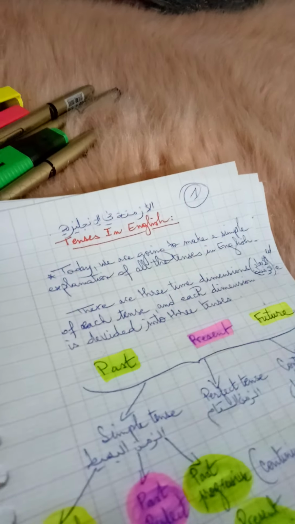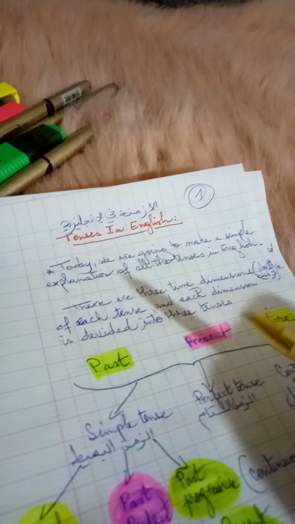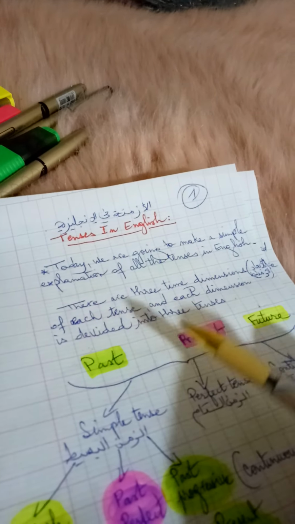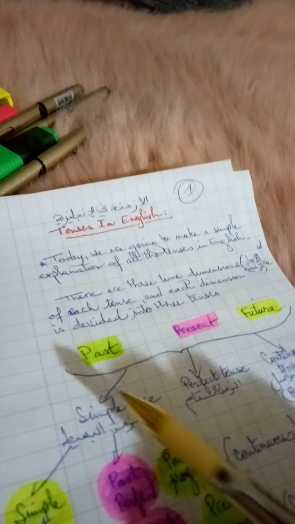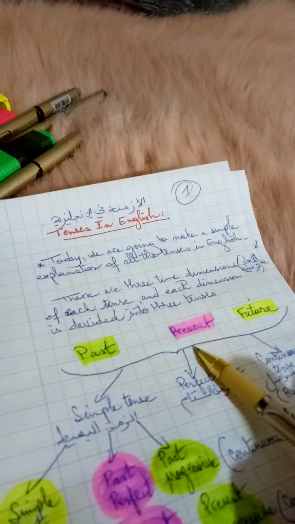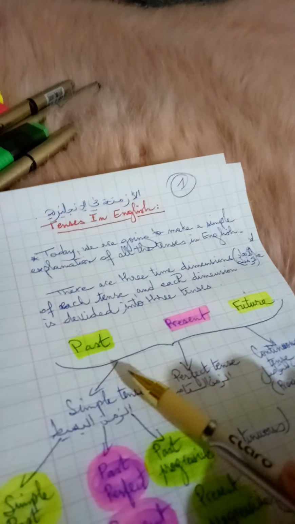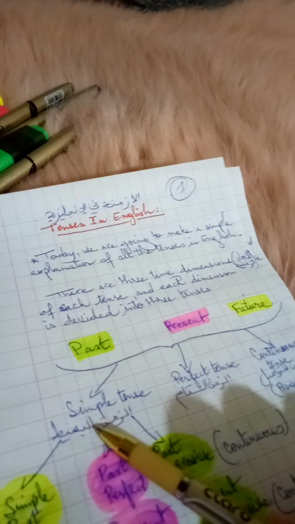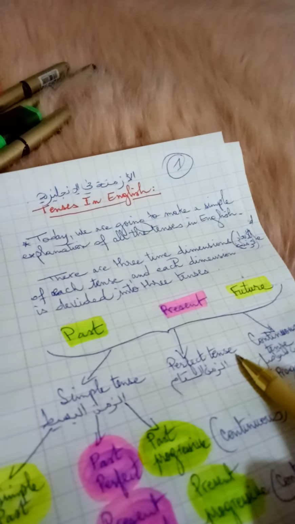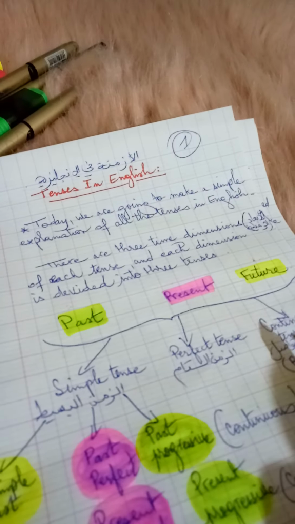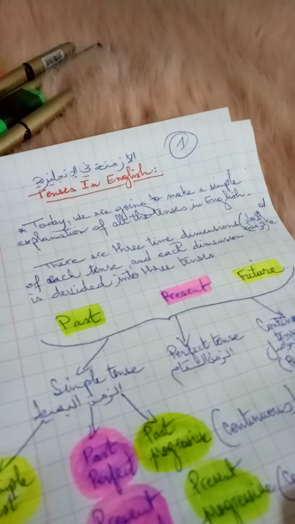Alors here these tenses or dimensions are divided into 3 tenses اللي هما كل زمن اللي هو الباست والبريزنت والفيوتشر راح ينقسم إلى 3 اللي هو the simple tense, the perfect tense and the continuous tense, which is the progressive.